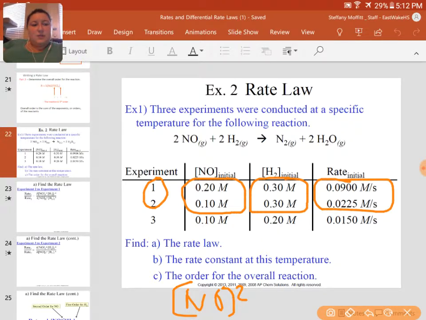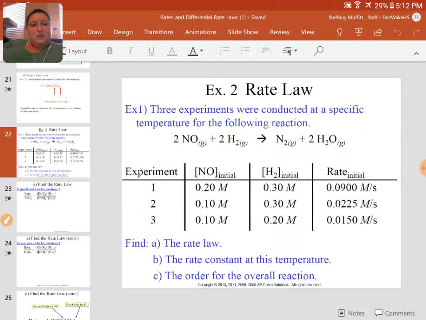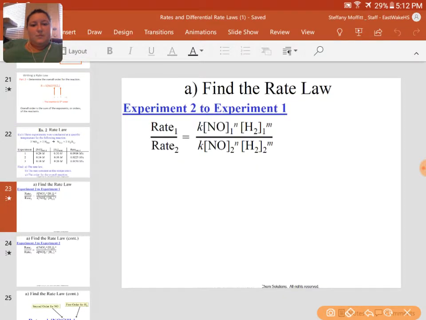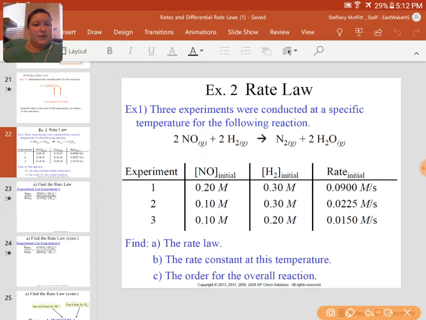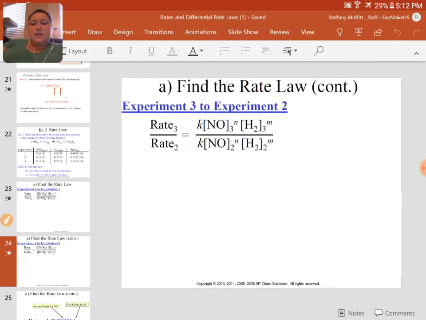Now let's look at another set of data. It says from experiment 3 to experiment 2, my NO stays the same, but my H2 changes. Now it doesn't double. So what they're saying on this slide is that you can kind of do some math in there.